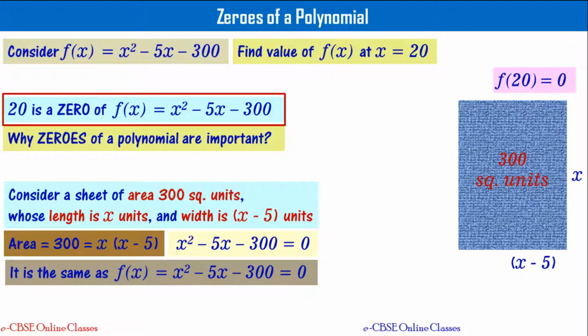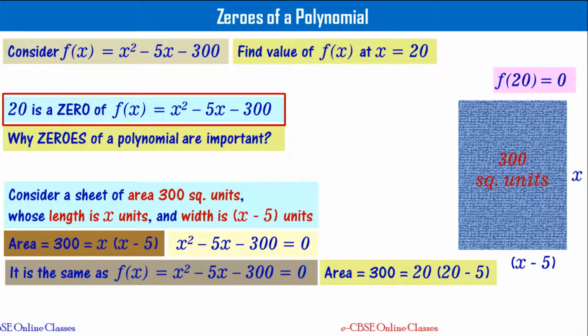And we have just seen that 20 is a 0 of this particular function. It means that 20 is the value of x we are looking for. Area can be written as 300 equal to 20 times 20 minus 5, that is 15, right? So now 20 is the answer we are looking for to solve this particular problem, right?